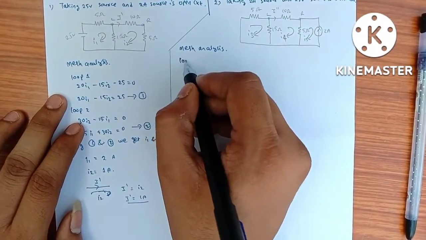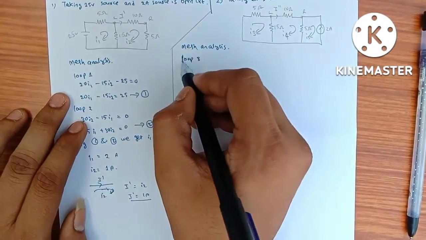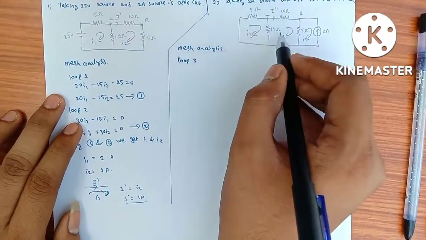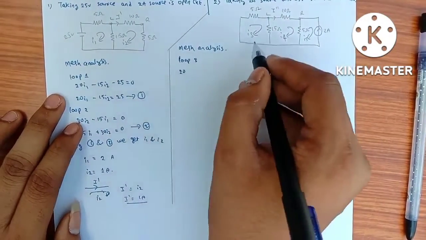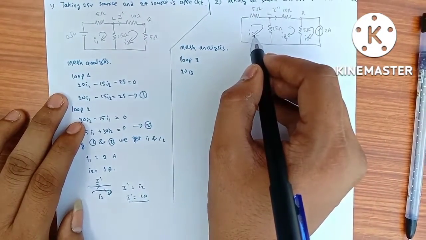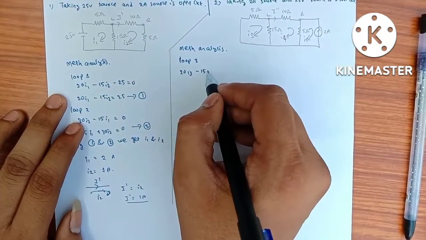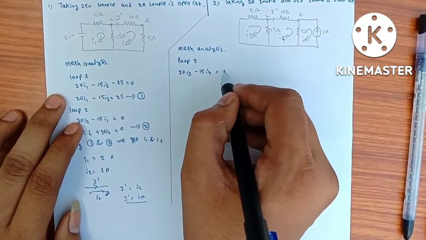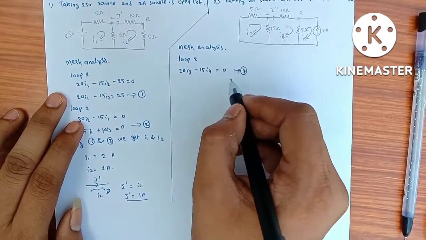From loop 3, if we write the loop equation, then 5 plus 15, which equals 20, into I3. Again this I4 affecting on I3 with 15 ohms resistor, so 15 into I4, which equals 0. Consider this as equation number 4.